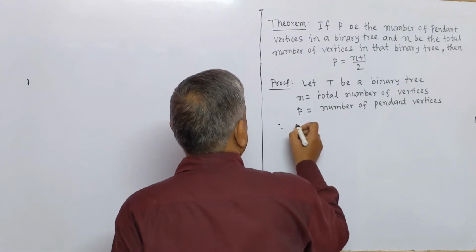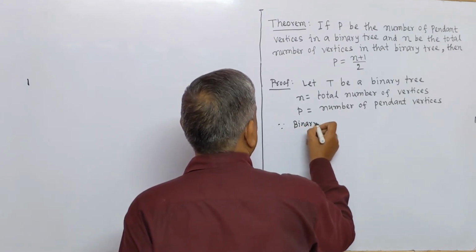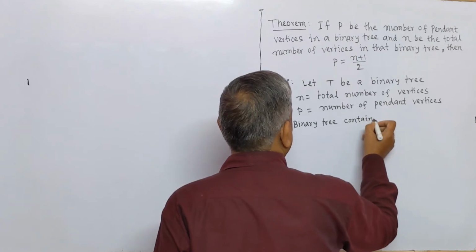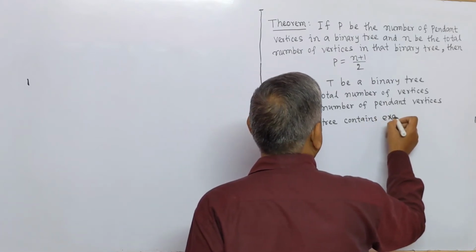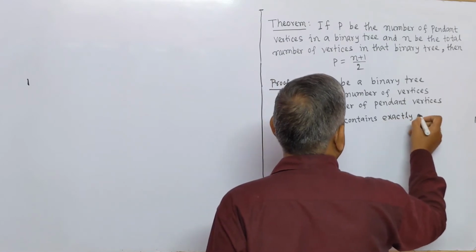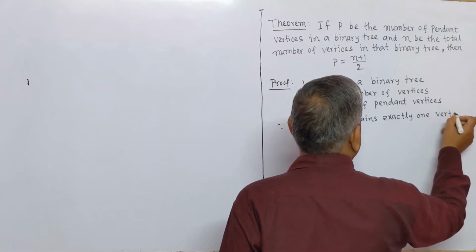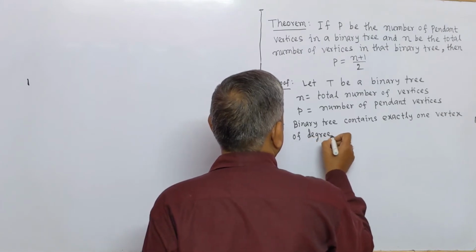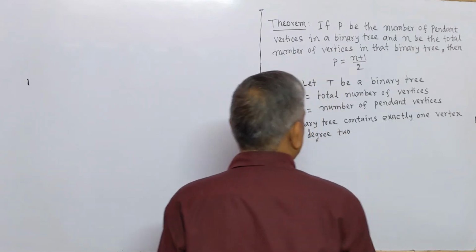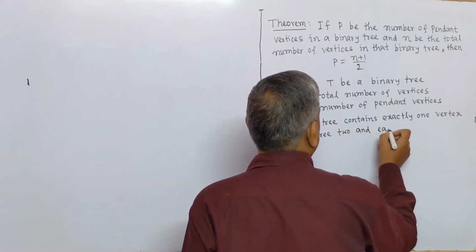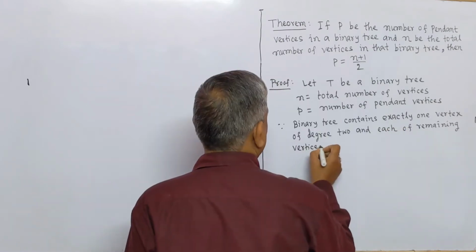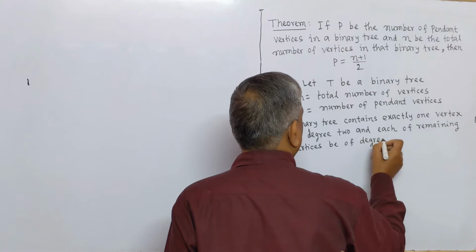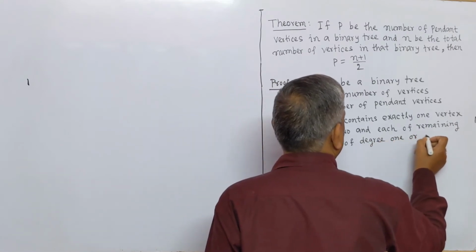Since a binary tree contains exactly one vertex of degree 2, and each of the remaining vertices is of degree 1 or degree 3.